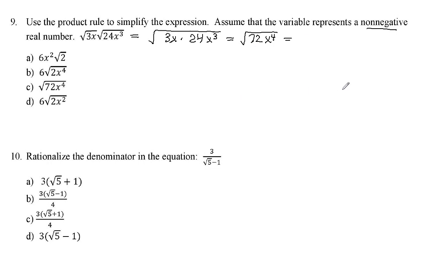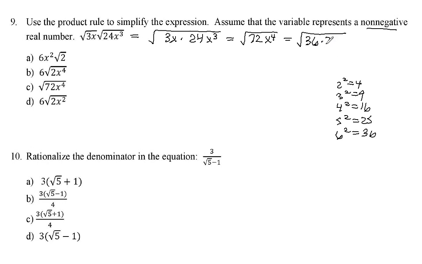And remember, you can just list those out if you want to. 2 squared equals 4, 3 squared equals 9, 4 squared is 16, etc. 5 squared is 25, and 6 squared 36, and keep going. And the biggest square that goes into 72 is 36. Goes in there twice. So we're going to break that 72 up as root of 36 times 2.